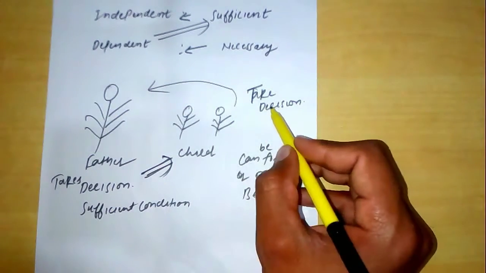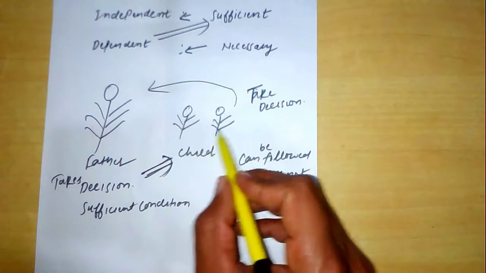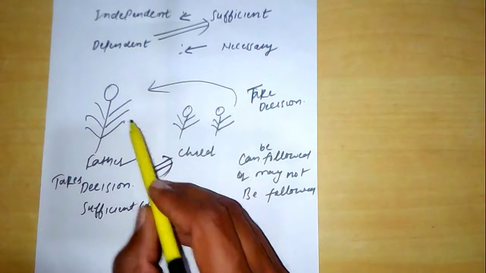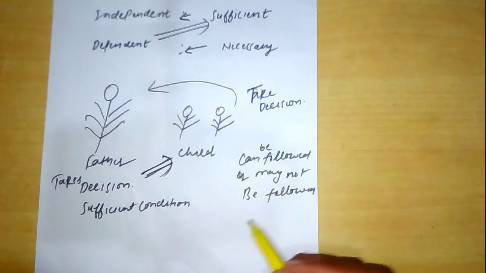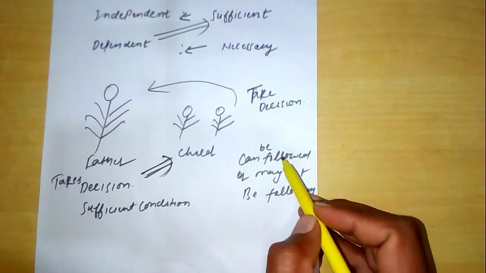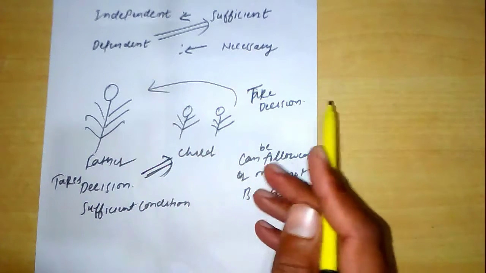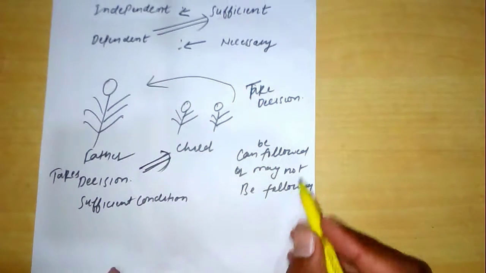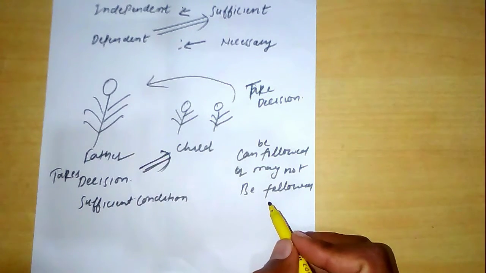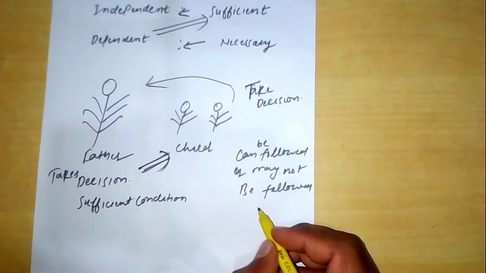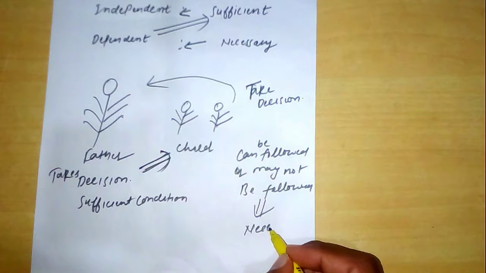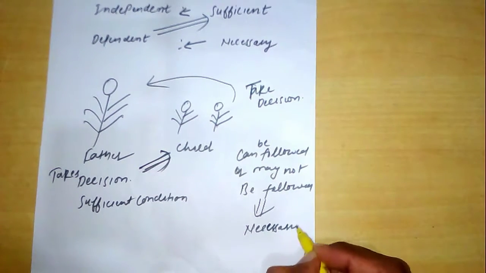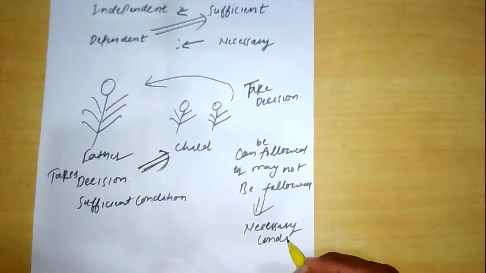The decision taken by a child can be followed by the father or cannot be followed. This means these are dependent on some other conditions. So we will call this condition a necessary condition.